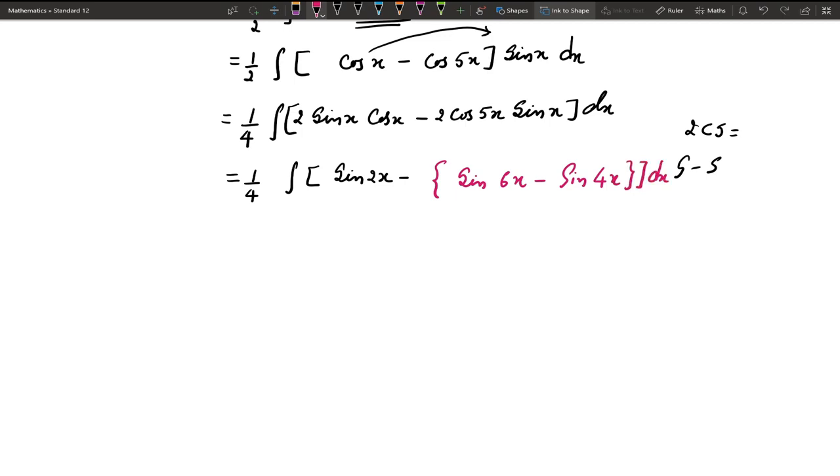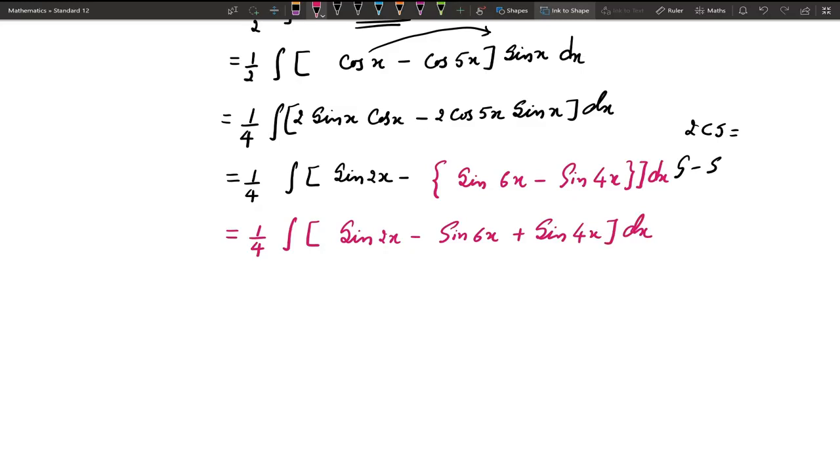So first we simplify this. So this is 1 by 4 integration of sin 2x minus sin 6x minus minus, plus sin 4x dx.